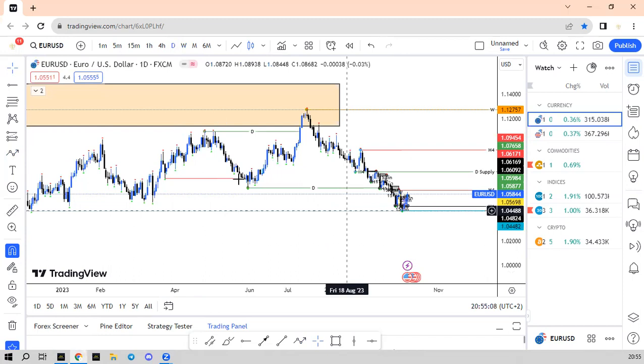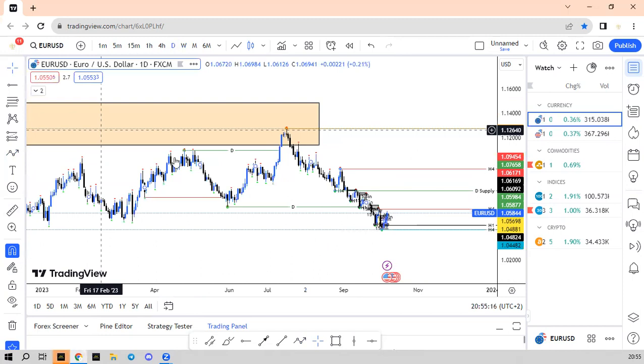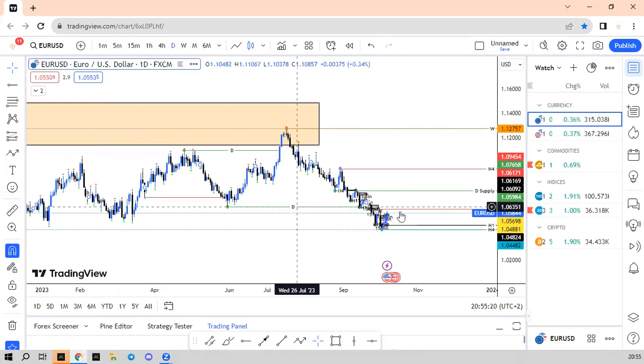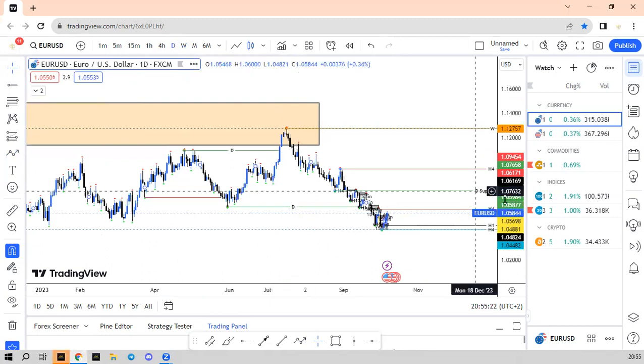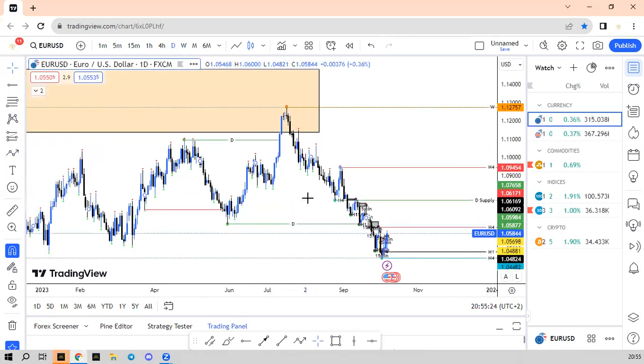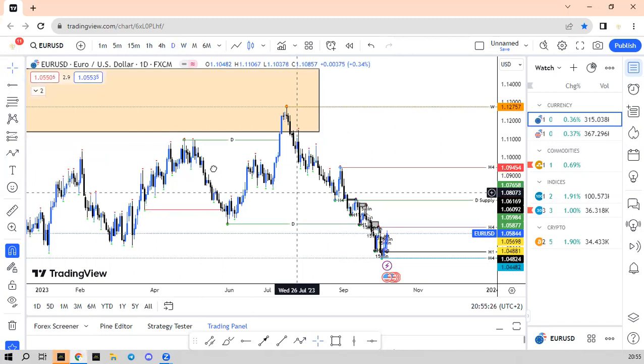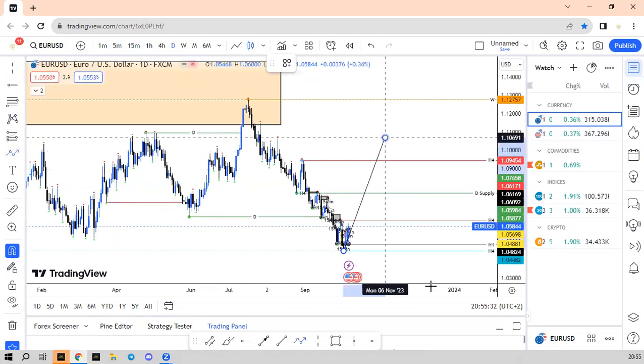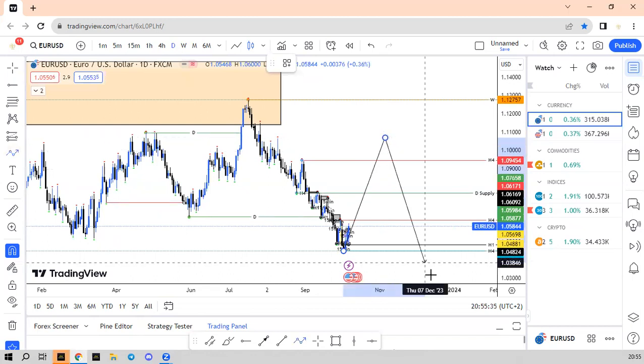All along we were bullish on daily, this being the low, high, low, high, low, high, and a break of structure here. So since we are bearish on weekly, what are we waiting for? We are waiting for price to retrace, take all this liquidity, then continue going down.